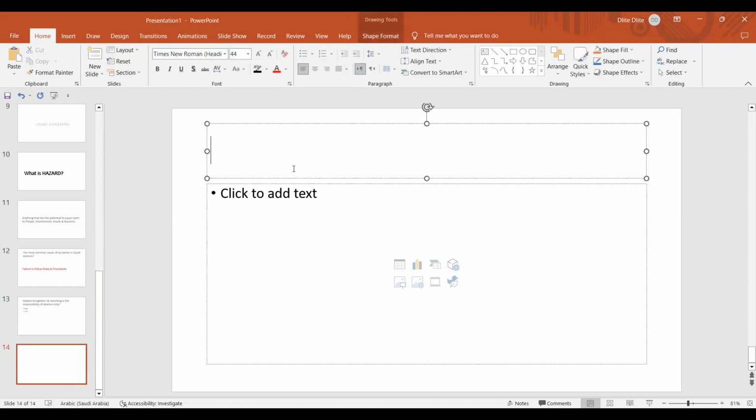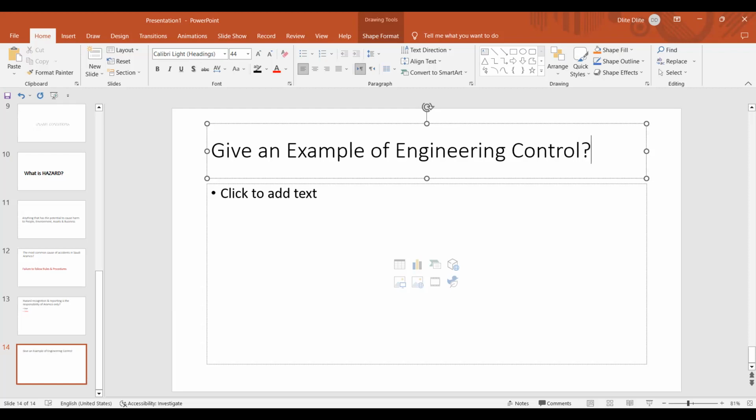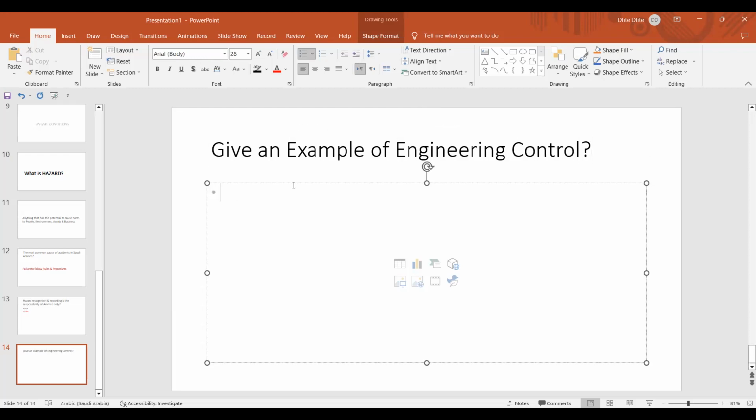Let's take one more example from our brain. If somebody asks you, there is a hierarchy of control, so give an example of engineering control. And there are a lot of examples, right? But at least give one.